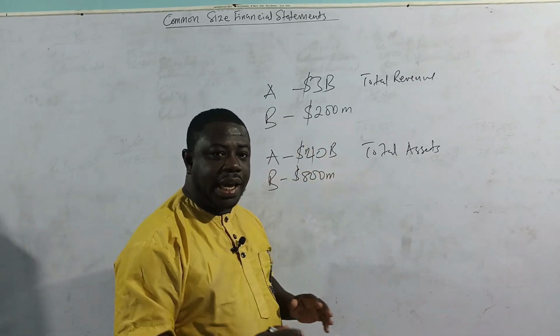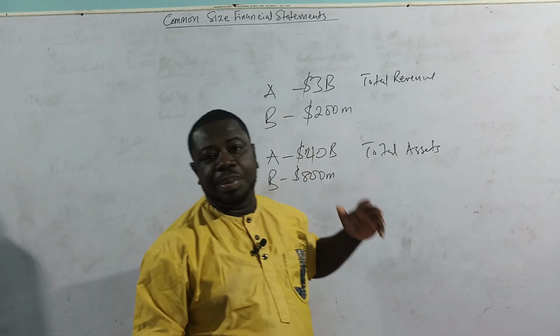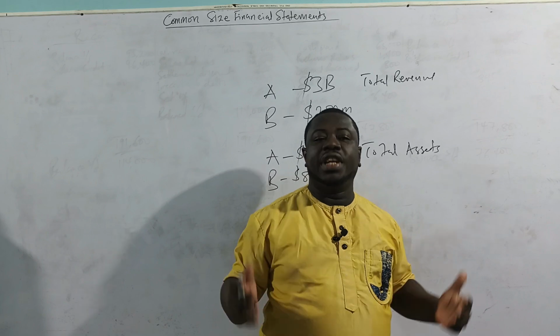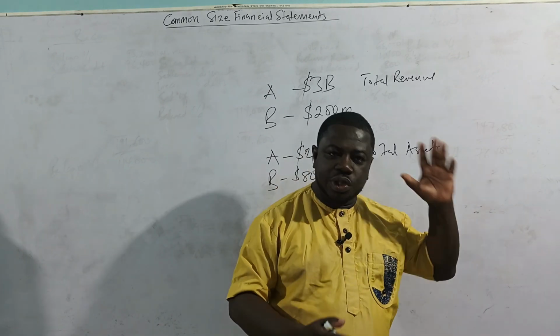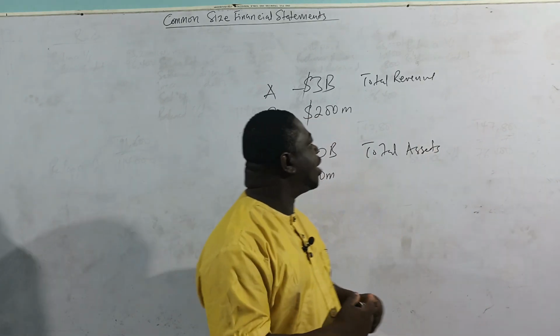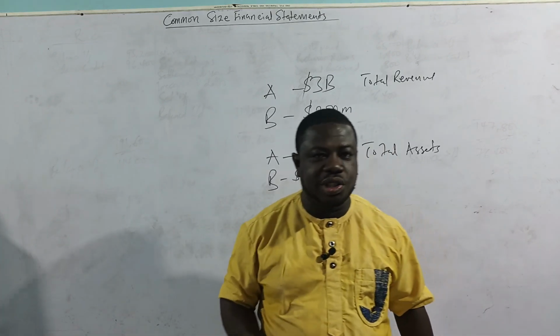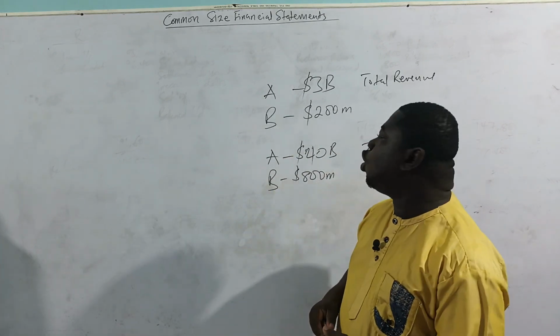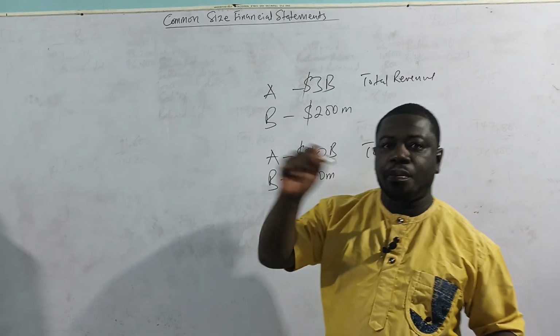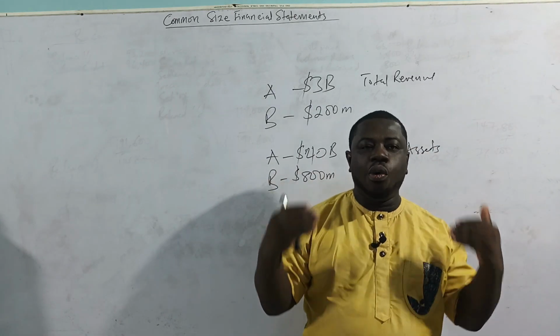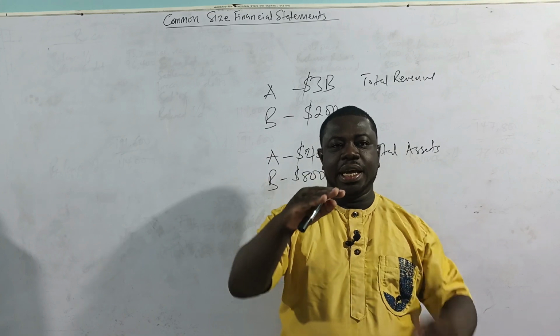Now, that is in case of situations where the companies are not of the same size. Even if they are of the same size, we can still use the same common size financial statement to compare performances. So the essence of preparing common size financial statement is that we want to use percentages to compare the performance, and we always need a yardstick.